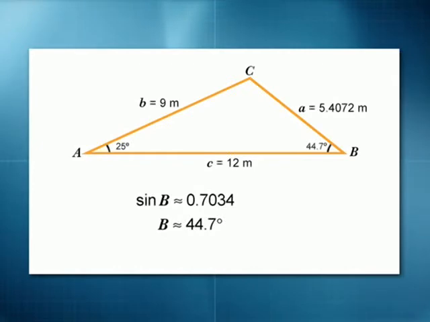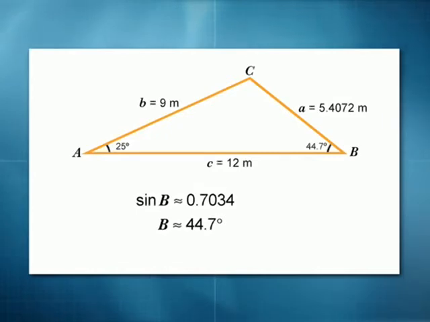I obtained that by taking the inverse sine of 0.7034, and that yielded 44.7, and I didn't have to worry about the other solution to that equation, which turns out to be, by the way, 135.3 degrees, but that can't happen in this triangle. So B must be acute.